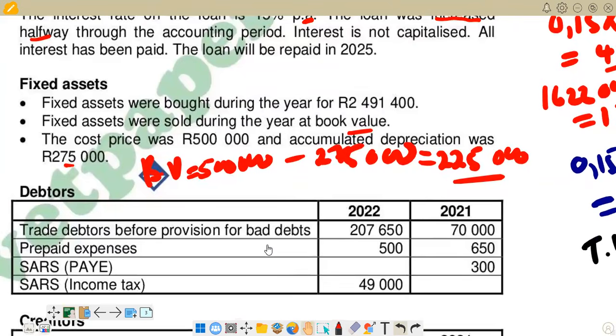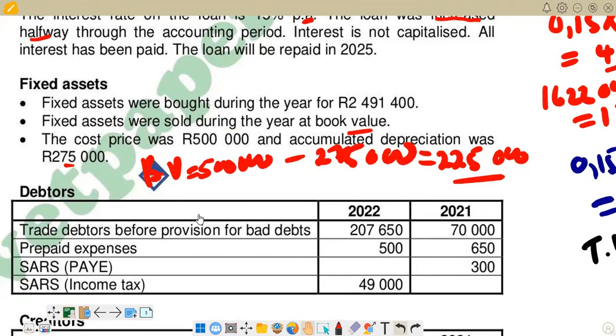Debtors are listed here. We have got 2021 and 2022. And we have prepaid expenses, SARS, pay as you earn as payee, and then we've got SARS in the form of income tax.